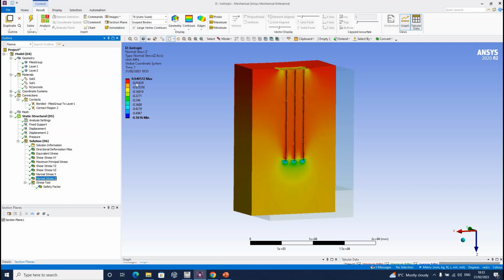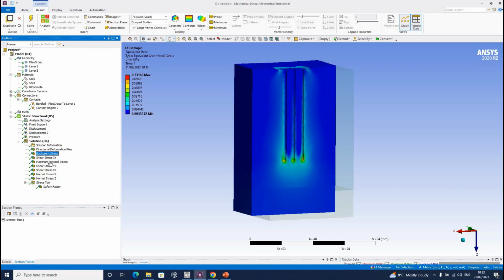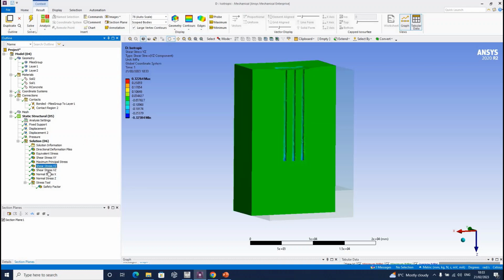And in these cases, as you see, the stresses are positive and negative because they are not principal stresses. So they have, as a difference with the equivalent stress, positive and negative values.